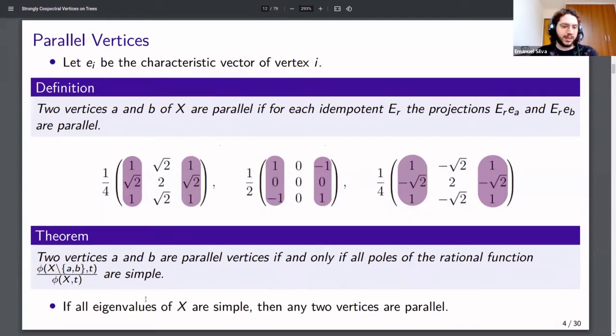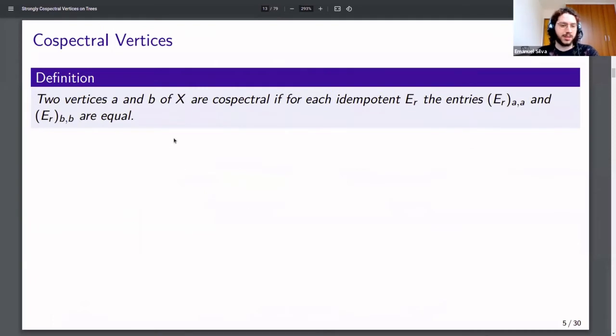And there is a straightforward conclusion from here: if all eigenvalues of X are simple, then every pair of vertices of X are parallel.